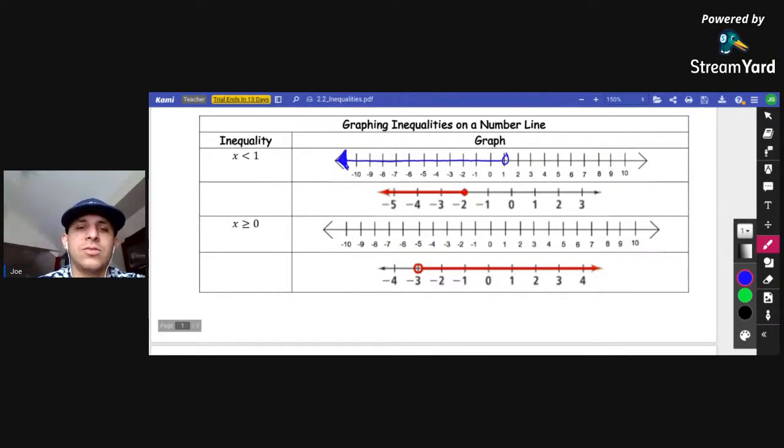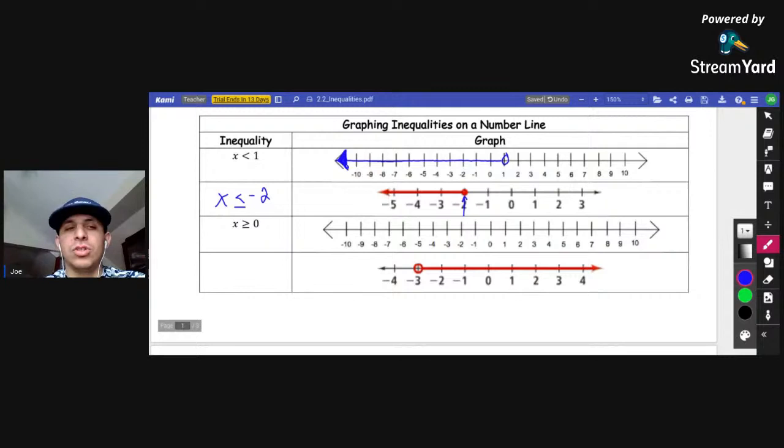We have another instance where we have the arrow facing all of the values that are less than negative 2. So we want x is less than negative 2, but we have a closed circle, meaning that the negative 2 is allowed to be part of the solution set.